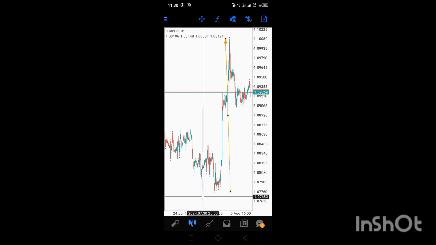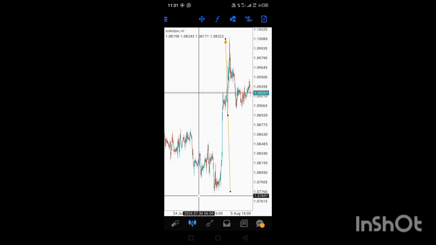Assuming you place the trade at 1.0760, and you want to place a stop loss of, let's say, 30 pips, you put your cursor below.